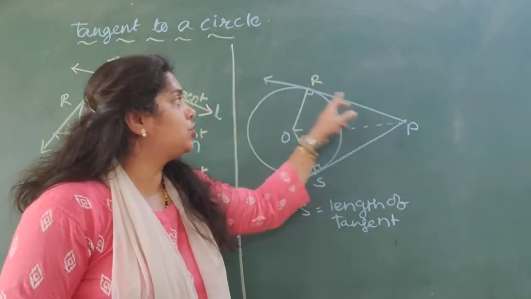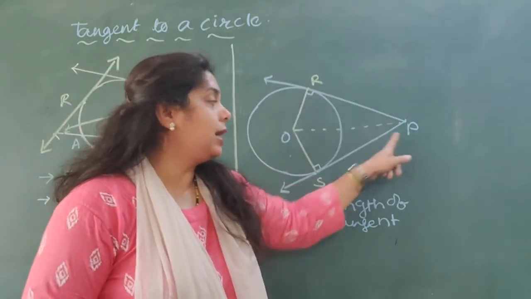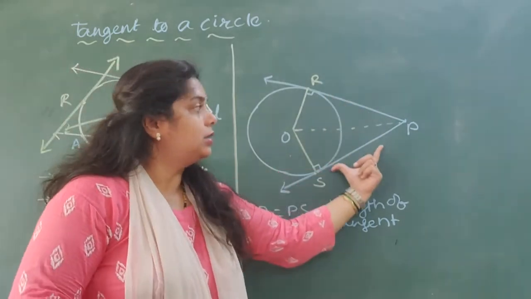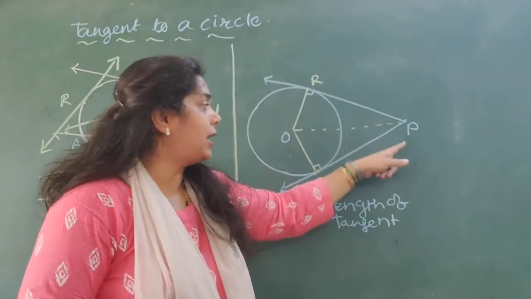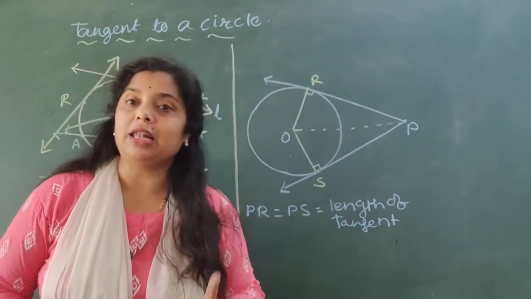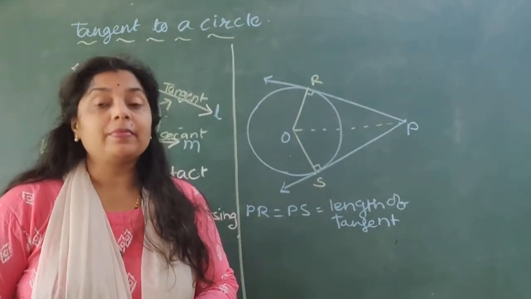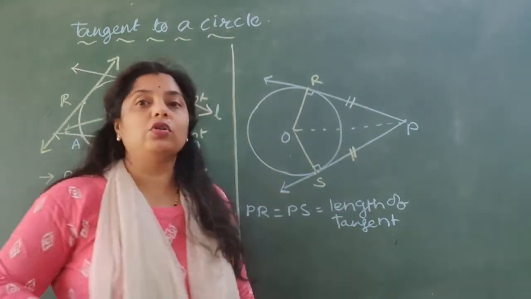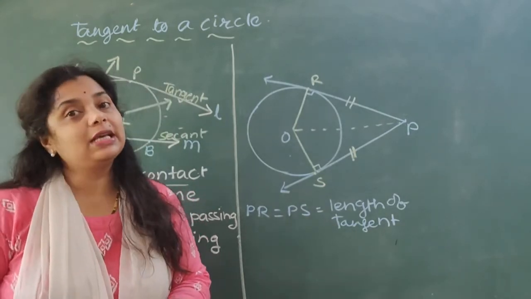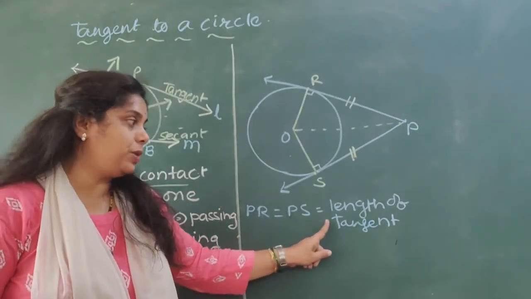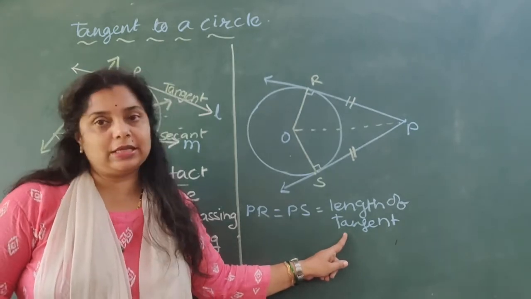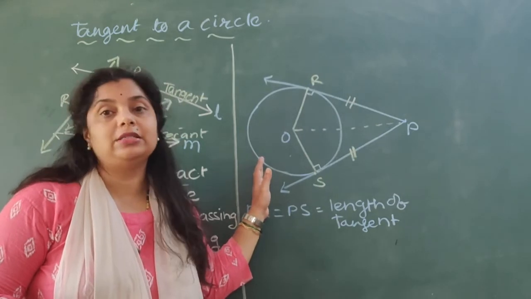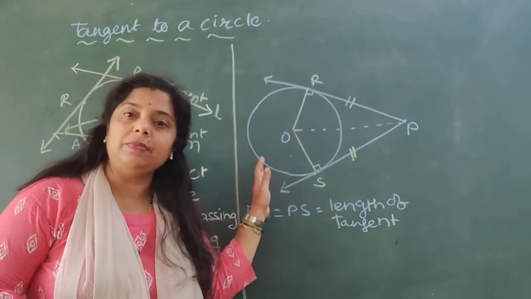If we draw tangents, PR and PS are the tangents, and these line segments PR and PS we call the length of a tangent. The lengths of the tangents are always congruent, both are always equal. Therefore, PR is equal to PS, which is the length of a tangent. Is it clear? The proof of this you will study in chapter number 10, Circles. That we will see later.